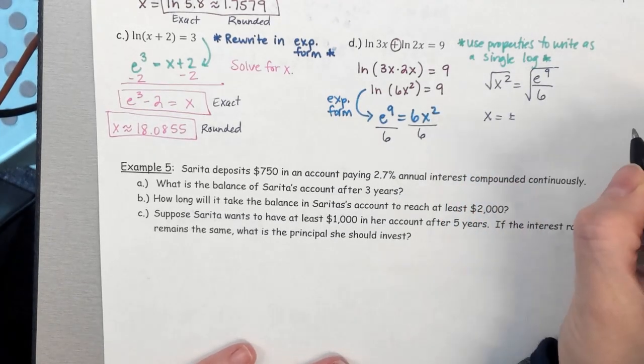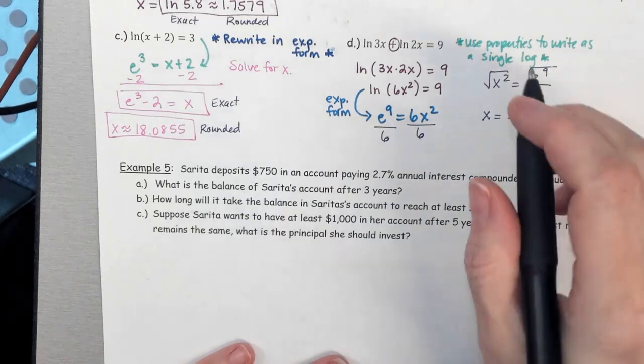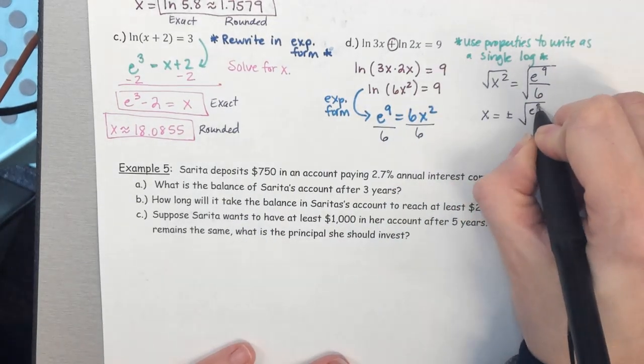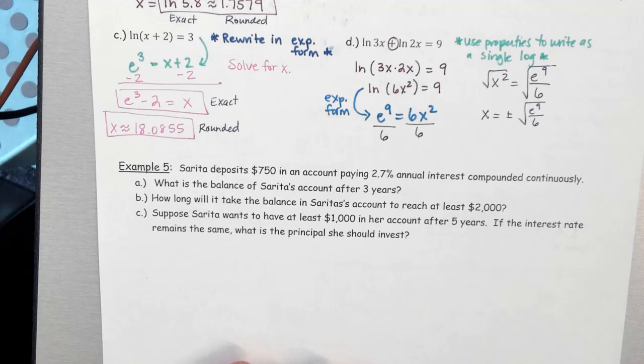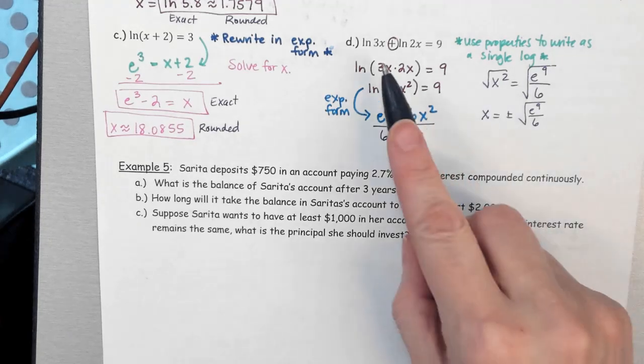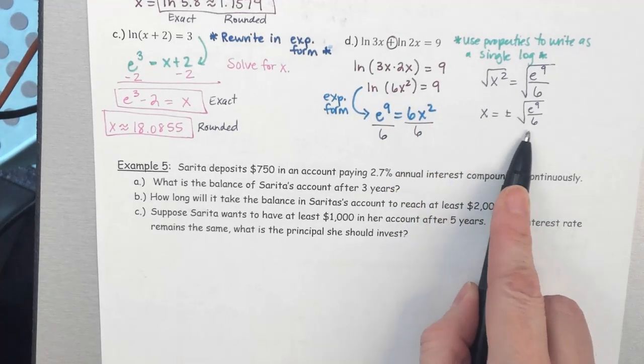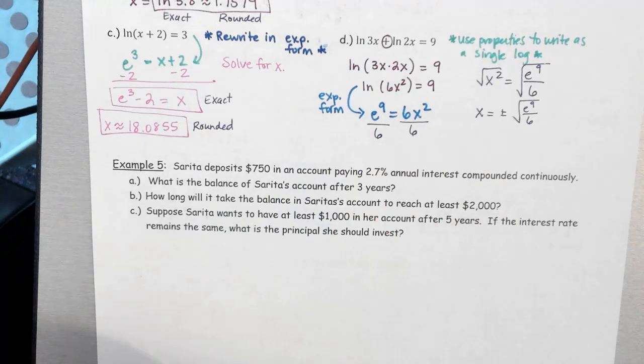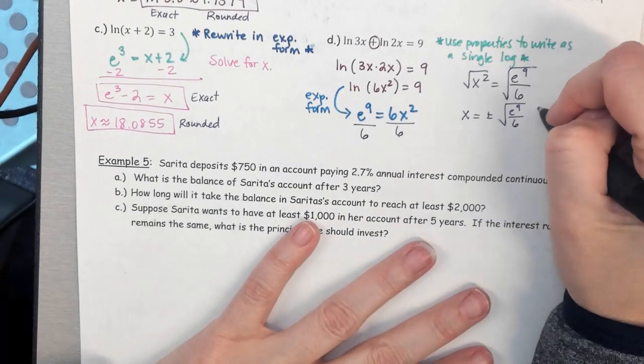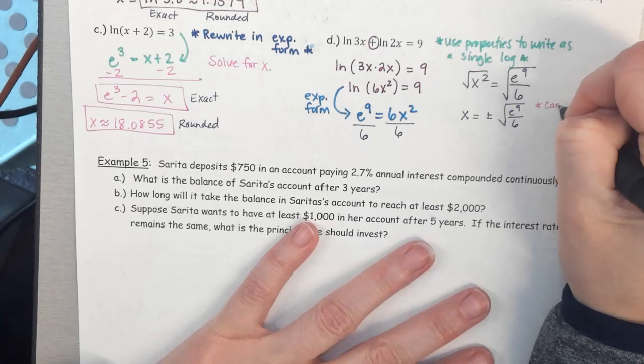Okay, now when you take the square root, you really have the plus or minus. Don't worry, you don't have to rationalize or do any of that stuff for this. We're just going to leave it as e to the 9th over 6. Okay, but because this is a log, if you have the negative answer and you plugged it back in, that would give you the log of a negative. So you can't take the log of a negative.